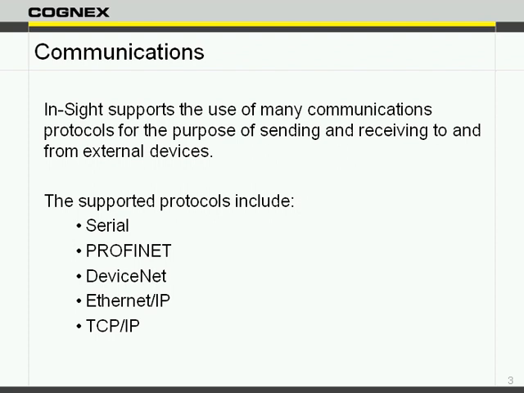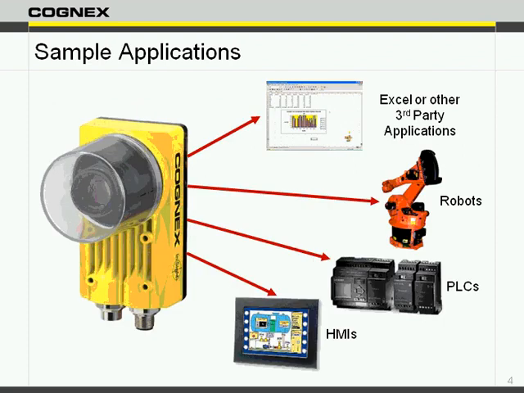The different protocols included are serial, Profinet, DeviceNet, Ethernet IP, TCP/IP, and more. Some of the ways this communication is used: I mentioned robots, PLCs, also used for HMIs, human-machine interfaces, and also third-party applications.